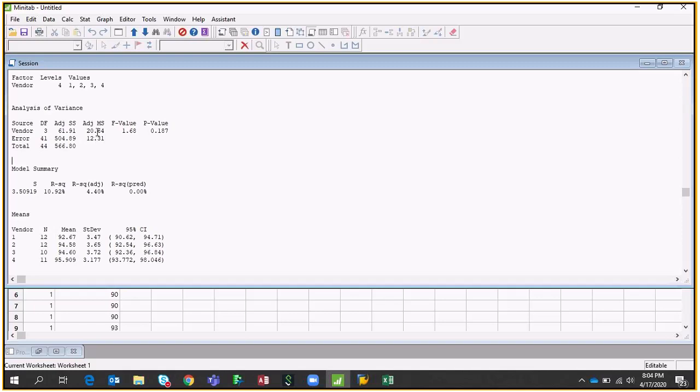And when you divide 20.64, which is your vendor adjusted mean square, by 12.31, you will get this F value. And when you get this F value and go to the F table, from this value you will get your p-values. So this is how you can get the p-values by using these degrees of freedom. That is why degrees of freedom are really important.